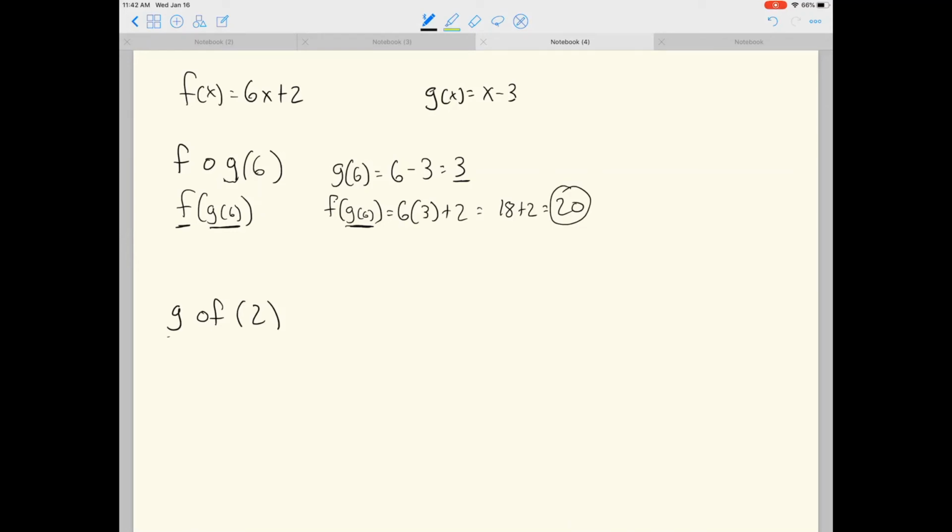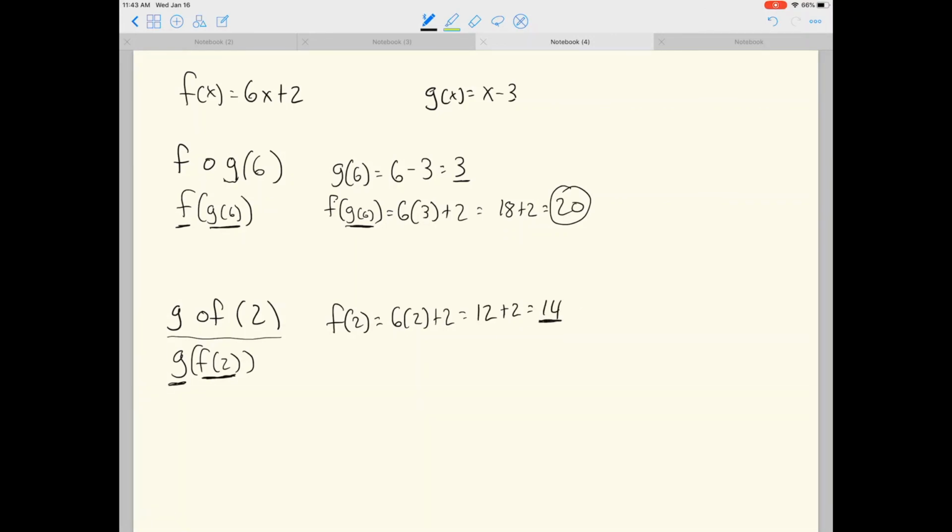Now say if I had g of f of 2, we would have g of f of 2. And now I want to find the value of f of 2 and then plug that into the g function. So f of 2 is equal to 6 times 2 plus 2. 6 times 2, of course, is 12 plus 2, gives us 14.